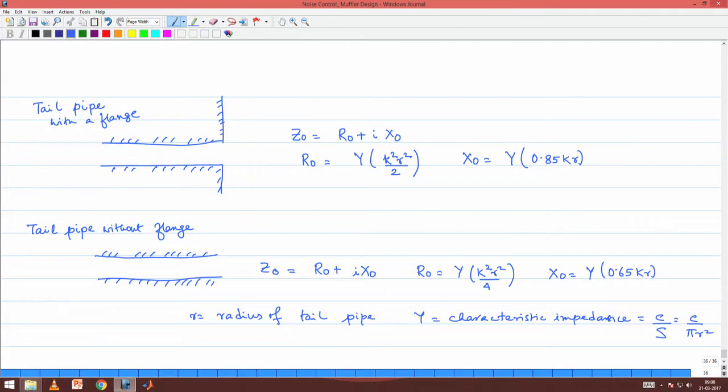So, with these formulas we now have a better description of the boundary condition associated with the opening of the tailpipe into the atmosphere, and that is what is called radiation impedance. But what we did earlier till this point, we were assuming that when the pipe is opening into the atmosphere, we were assuming a 0 pressure condition. So, 0 pressure in turn would mean pressure by velocity is 0, that is the impedance was taken as 0. 0 pressure means 0 impedance also.